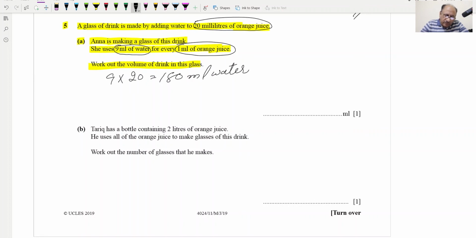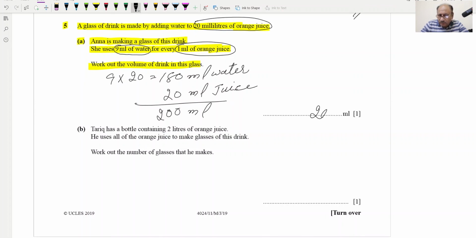This will be water, and juice will also be there. Juice will be 20 ml. So the total will be 200 milliliters.